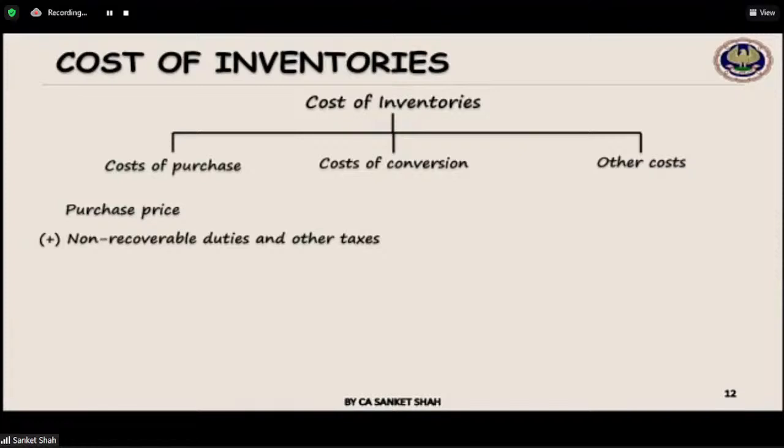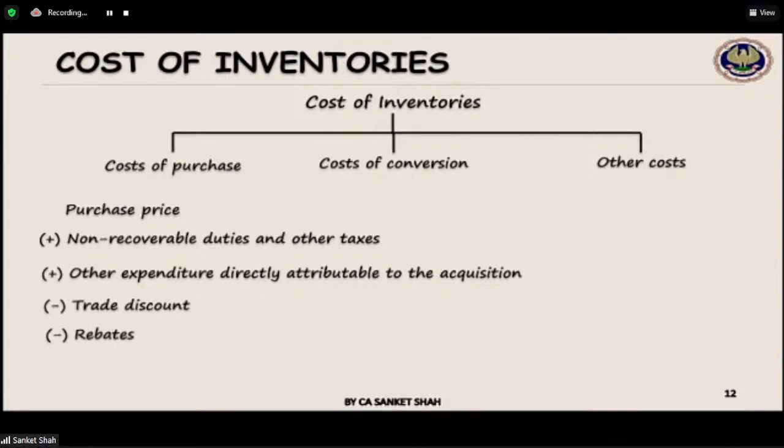Now, purchase price plus non-recoverable duties and other taxes. For example, if you are not getting any set off, any credit, in that case it is called non-recoverable duties and other taxes. Plus other expenditure directly attributable to the acquisition, minus trade discount, minus rebates, minus duty drawbacks, that we are going to consider in cost of purchase. So take a screenshot of this cost of purchase.